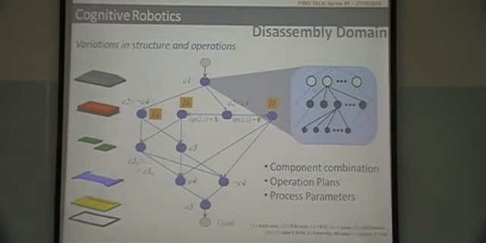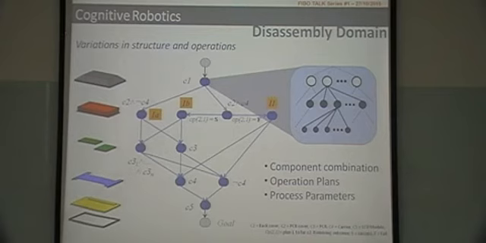Each point is actually a variation of operation you can do, right? You can cut first, you can unscrew first, or you can detach the cable first, and there are a lot of variations here. So if you're quite familiar with artificial intelligence, it's all about this: you go through the search space and try to find the solution, try to reach a goal, right?